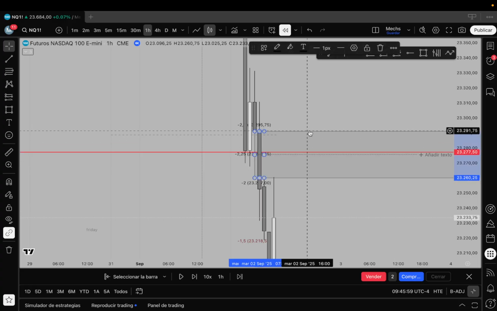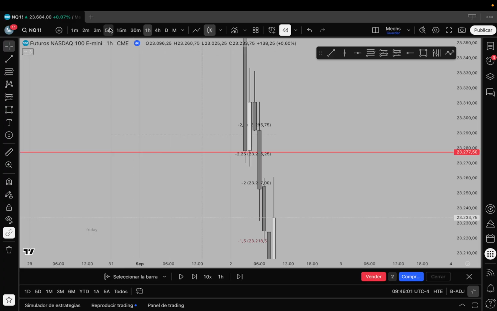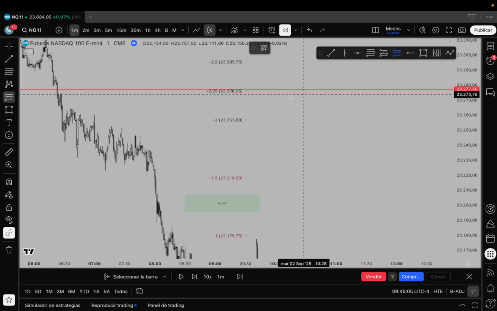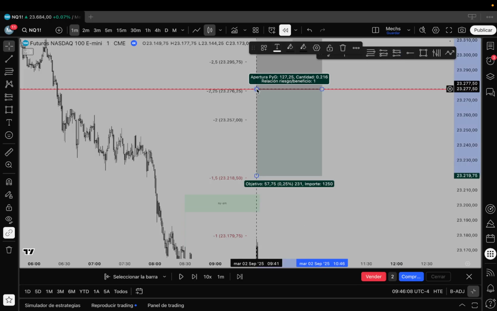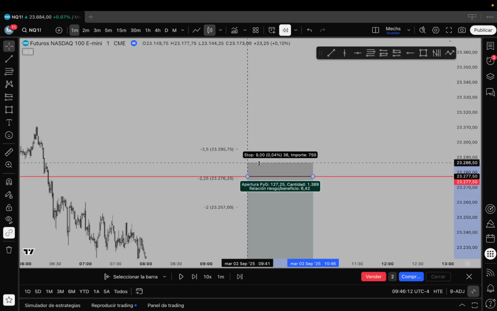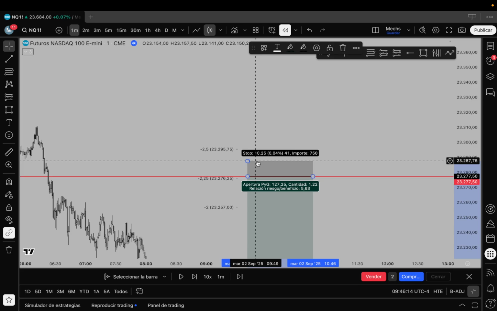That's not necessary, but I just wanted a better entry. So yeah, I just put a limit there. I think I did a 10-point stop loss here, but I'm not sure.